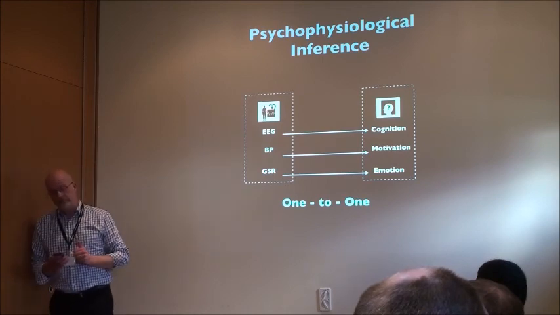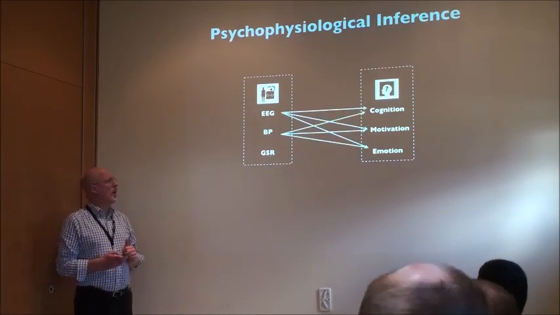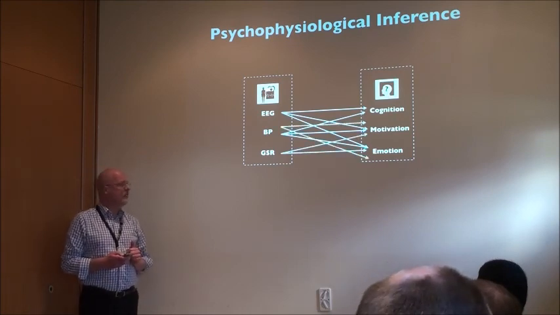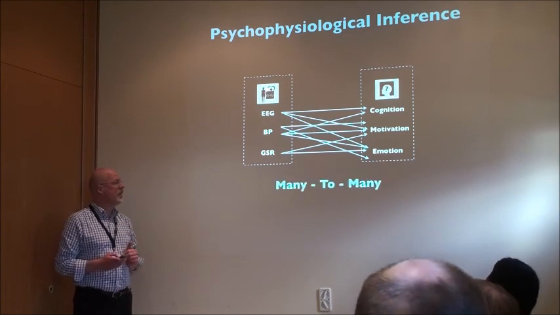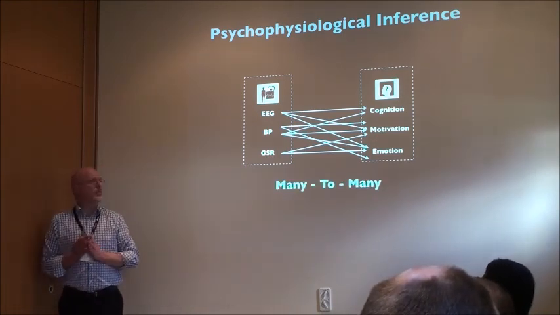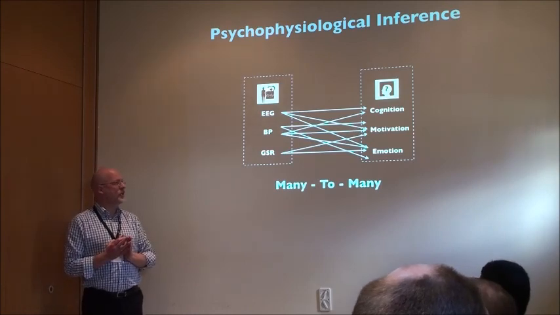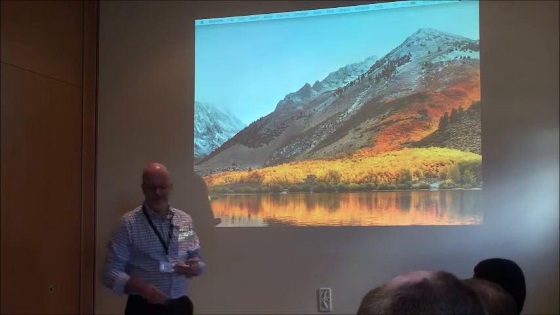The reality is more complicated. The reality is that you have what we call a many-to-many mapping. So a measure like EEG will collect data about the cognition of the person. It will also collect data about the motivation of the person and the emotion of the person.